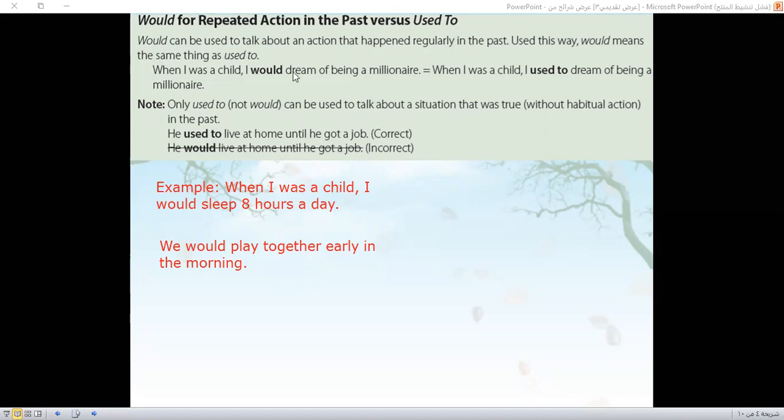But with used to, I can also use it if I want to mean some situation that was true in the past. For example, he used to live at home until he got a job. This is a situation that was true, a fact about someone. But I cannot use would. He would live at home until he got a job. It doesn't sound correct. Okay?